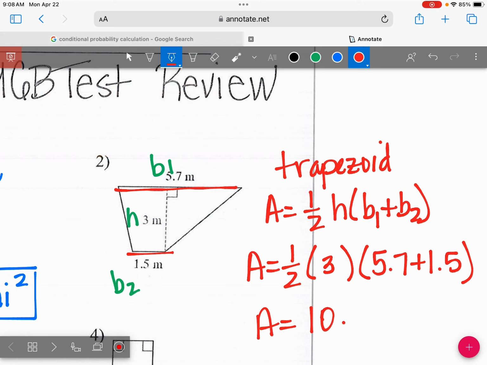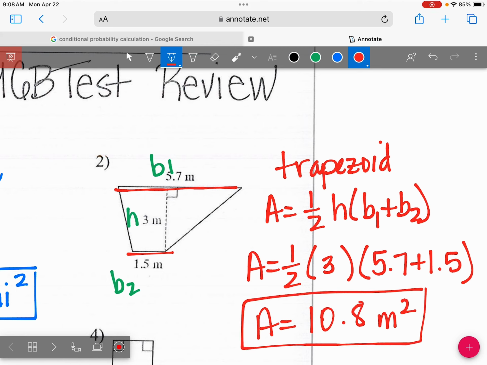And that would be 10.8 meters squared. Any questions about the first 2?